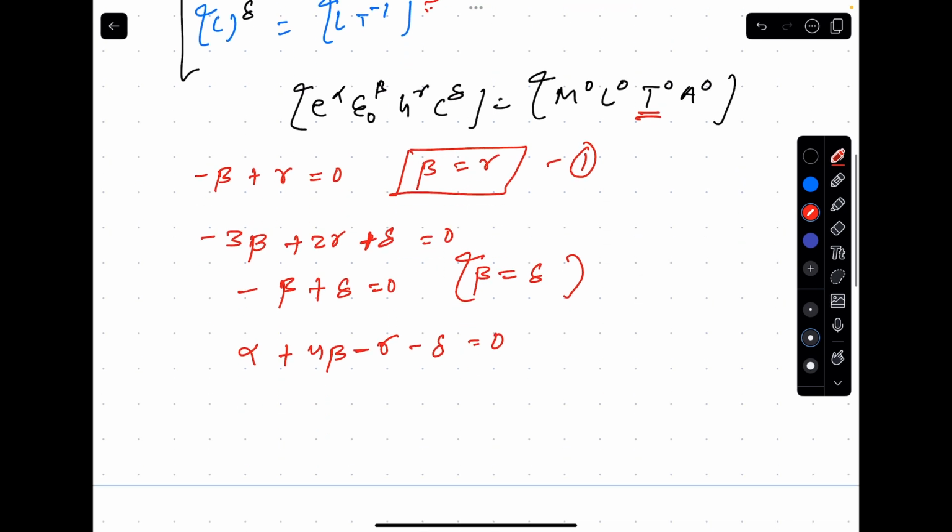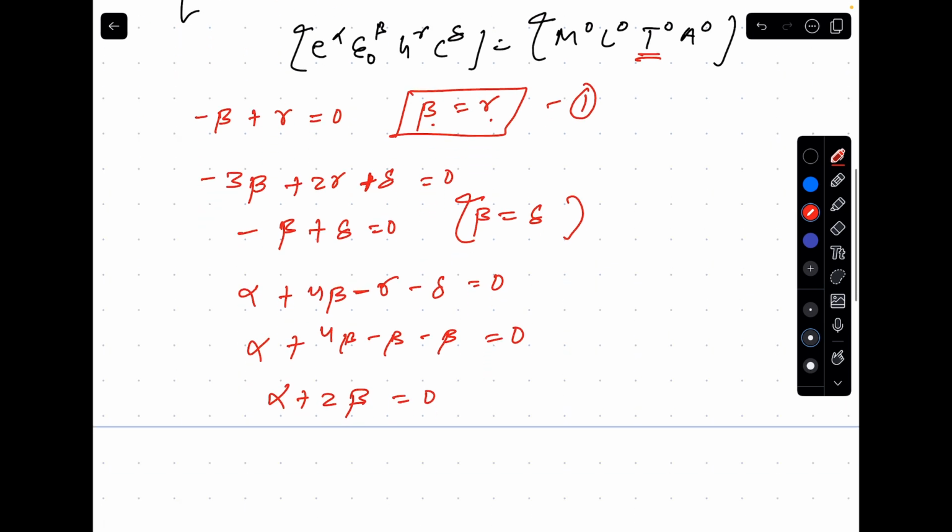Let us substitute the values. Beta equals gamma, so here we will get 4 beta minus beta, and delta is also equal to beta, so minus beta plus alpha equals to 0. So we are getting alpha plus 2 beta equals to 0. So basically alpha equals minus 2 beta.